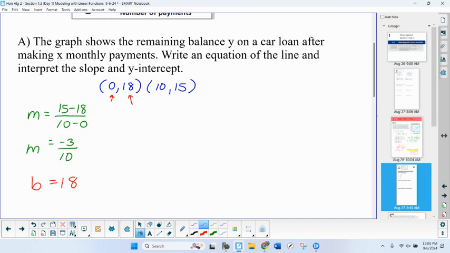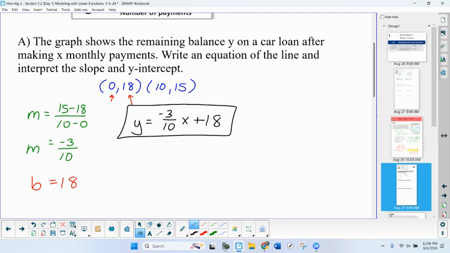Now, if you take either one of those points, put it into your slope-intercept form or your point-slope form and do all the math, you'll get 18. This is way more work than you need. So, Jack, write the equation of the line. y equals negative 3 over 10 x plus 18. Perfect. Okay.